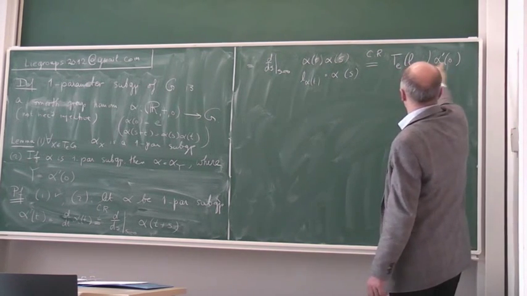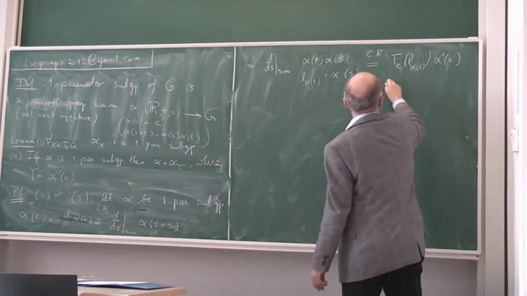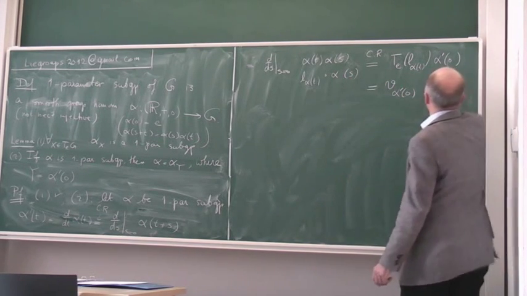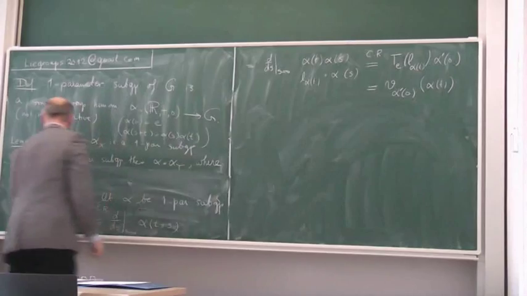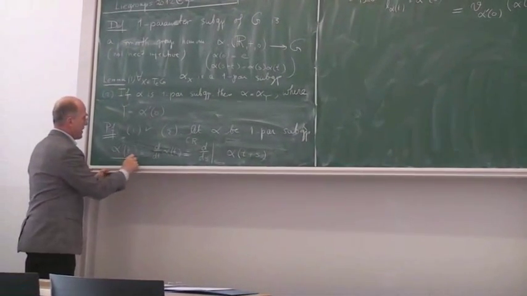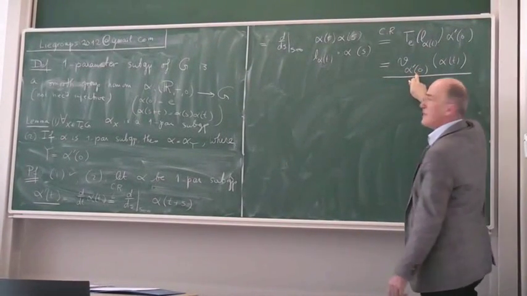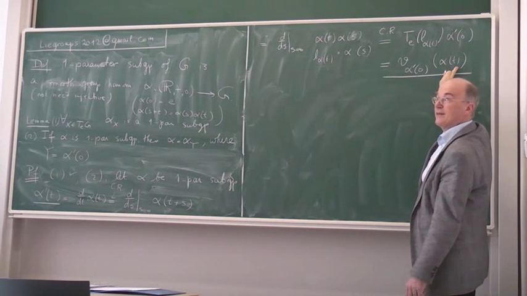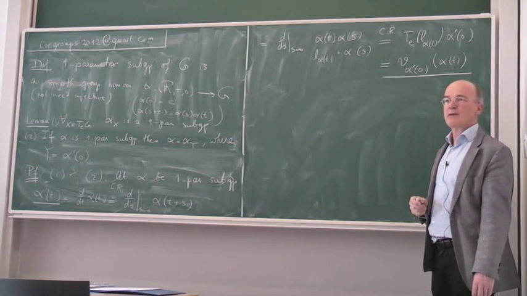But this was the defining formula for a left invariant vector field. This is the same as the left invariant vector field associated with the tangent vector alpha prime of 0, at the point alpha of t. So now we have this equation: alpha prime of t is the left invariant vector field associated with this tangent vector applied to alpha of t. In other words, alpha is an integral curve. Its domain of definition is all of R, because this is contained in the definition of one-parameter subgroup.